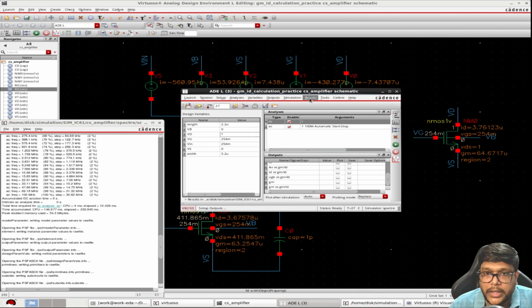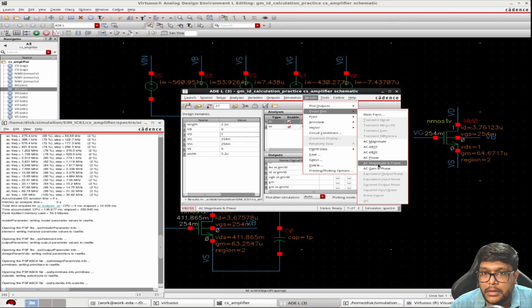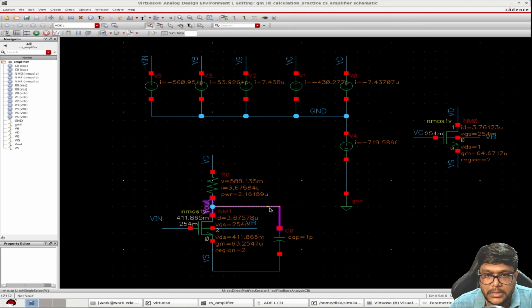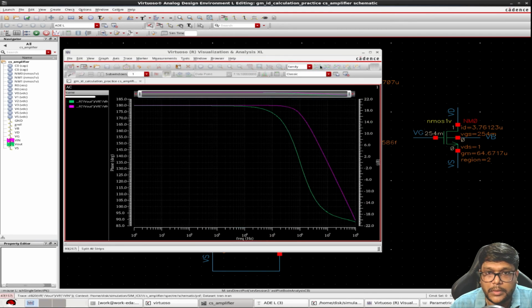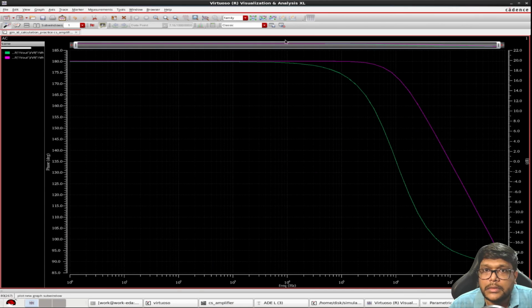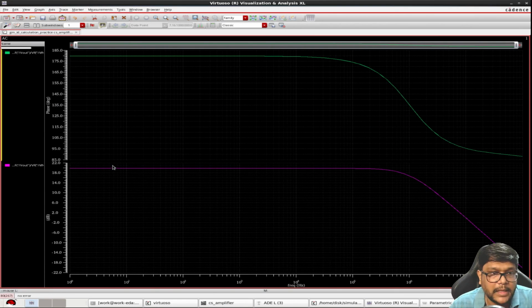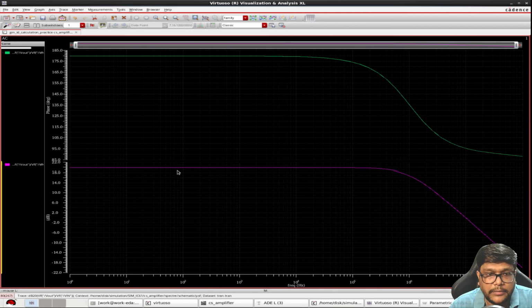Okay, completed. Now I will plot the second phase. I don't know what will happen. Okay, so you can see 19.89 dB. So 10 means how much gain should be there? Around 20 dB. So I'm getting around 20 dB.